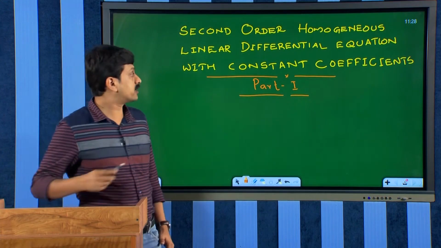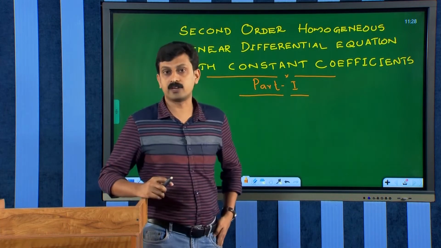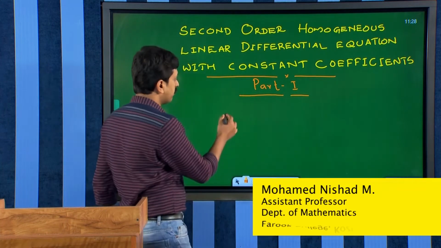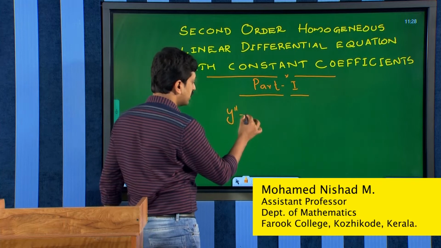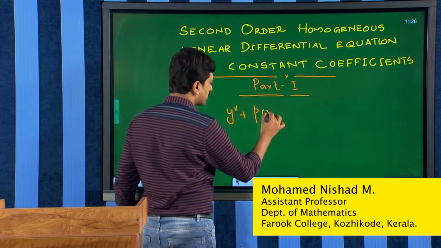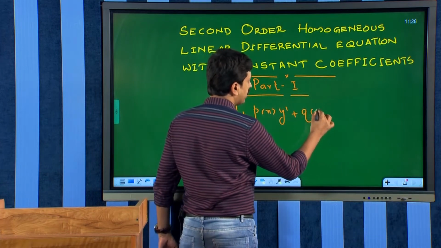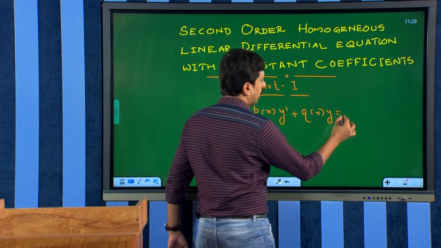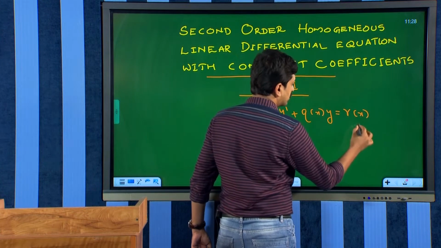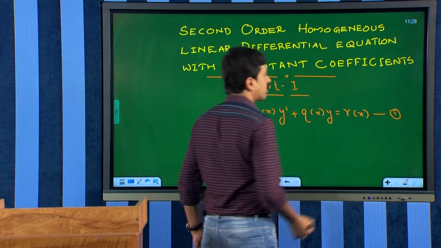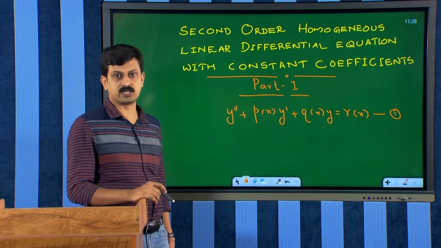We already discussed second order linear differential equations. That is, y double dash plus p of x y dash plus q of x y equal to r of x is the second order linear non-homogeneous differential equation.